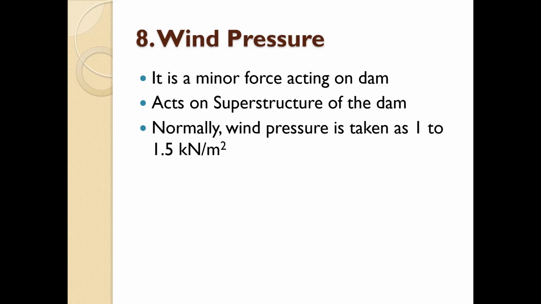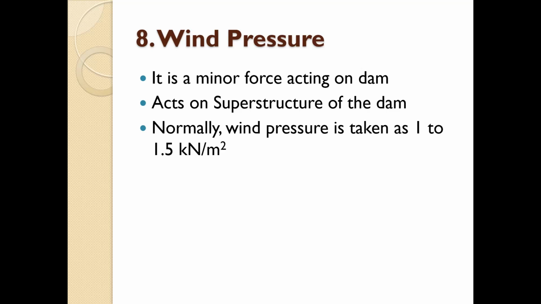In the wind pressure, it is a minor force acting on the dam, which acts on the superstructure of the dam. Normally, wind pressure is taken as 1 to 1.5 kilonewton per meter square. We have already learned how to calculate wind pressure according to IS 875 1987 part 3.